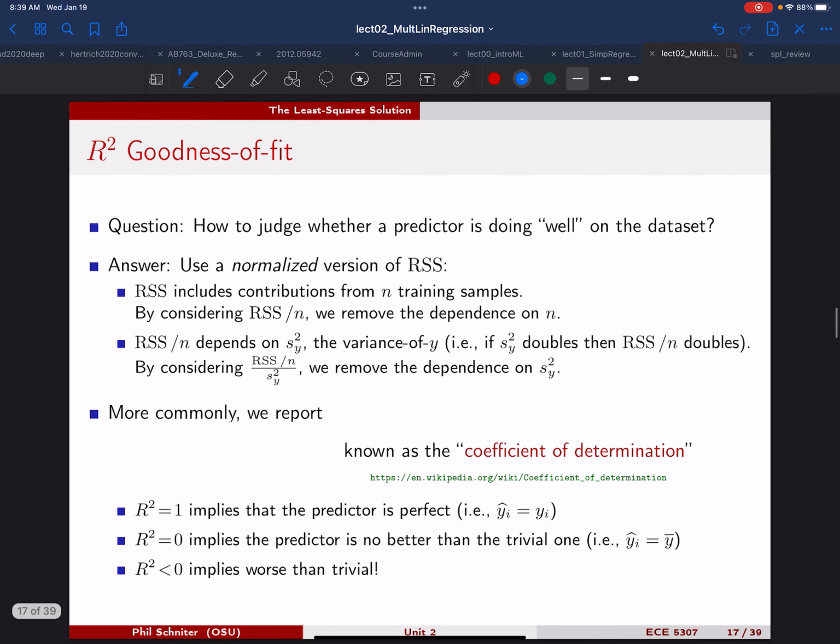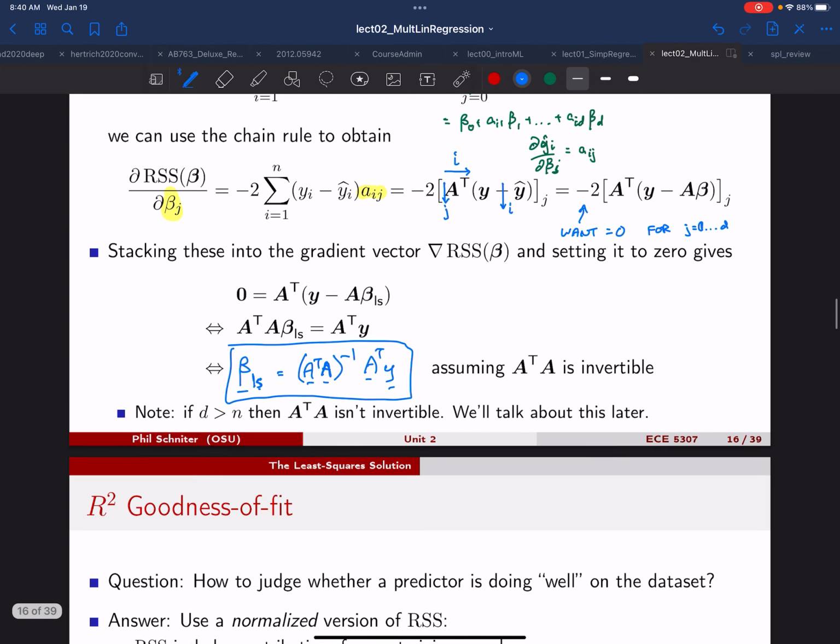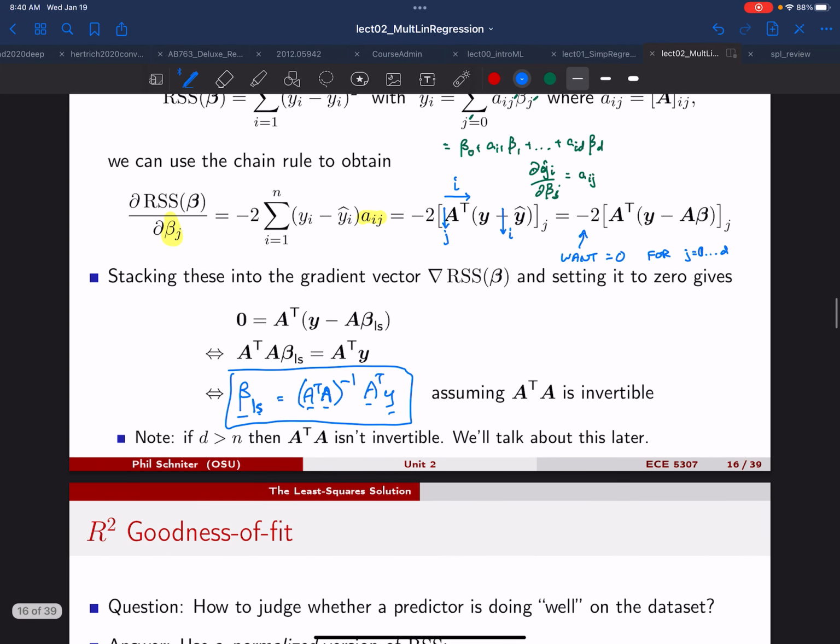So similar to what we did in the last unit, you could ask the question, how good is our fit? In fact, this slide is exactly the same as the last unit, so I won't spend much time on it. The first thing to remember is that RSS on its own is going to grow proportional to the number of samples in our data set.